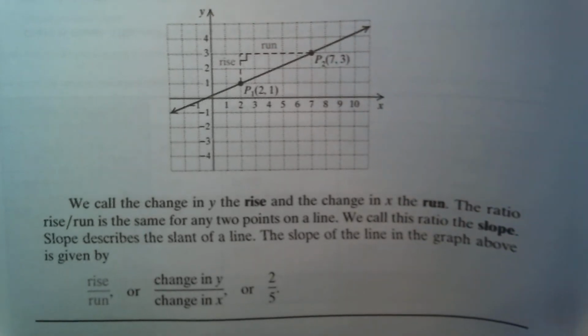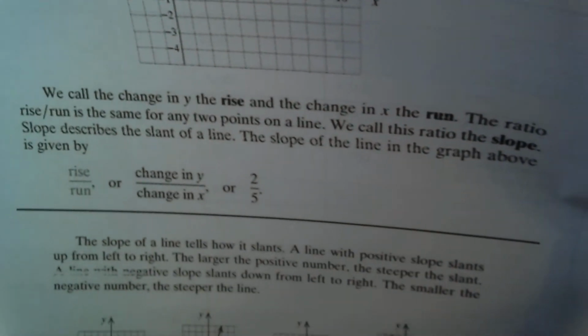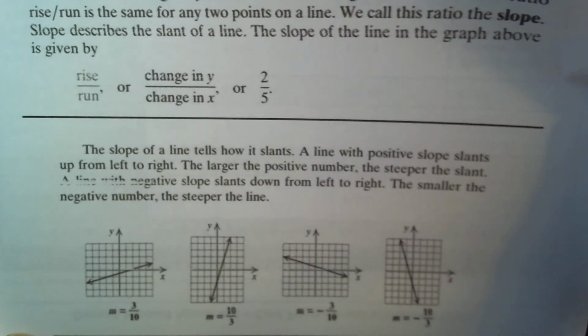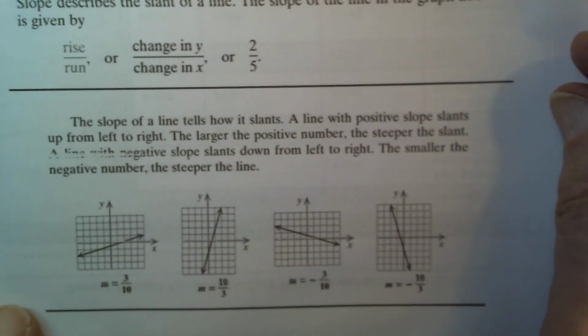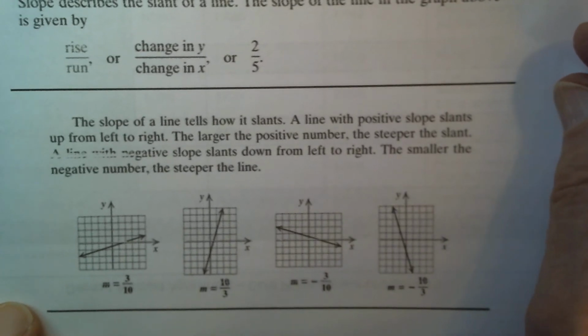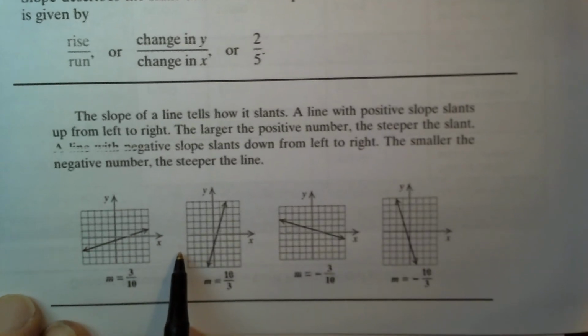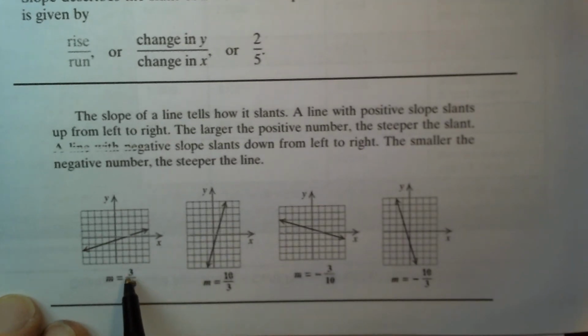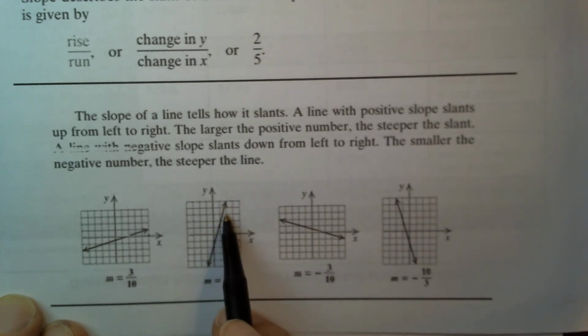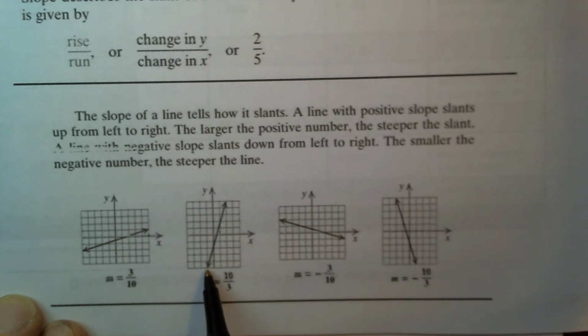The next three examples tell you a little about the size, how much the slope really means, or what the difference is. For instance, here in the first example, the slope is m equals 3/10 or 0.3. So the line slopes in this direction. But when the slope gets bigger, like 10/3 or 3 1/3, it's a much steeper slope. So the greater the number, the steeper the slope.